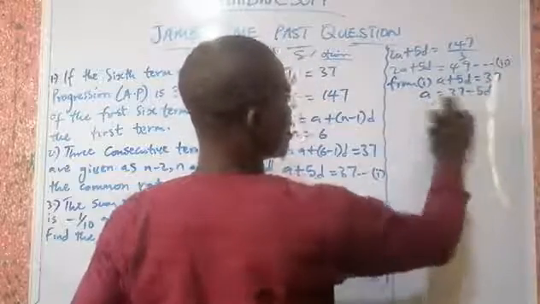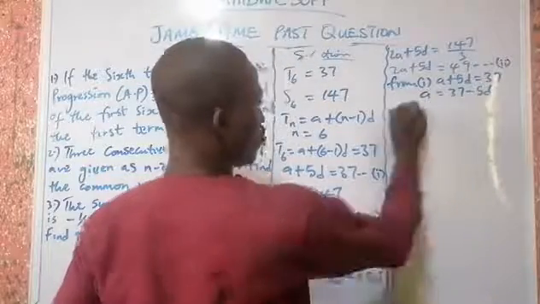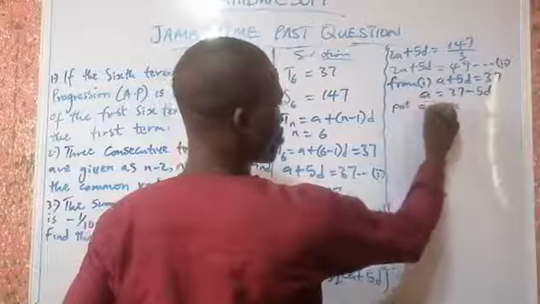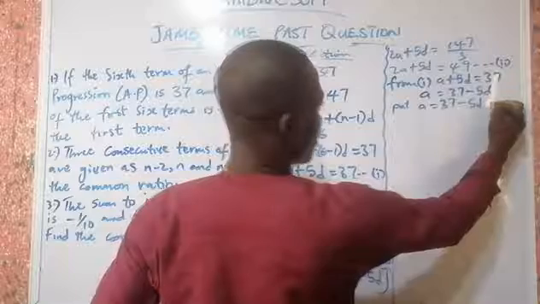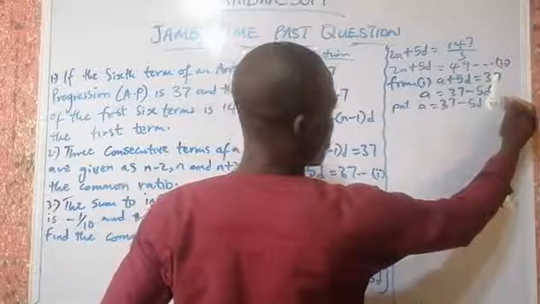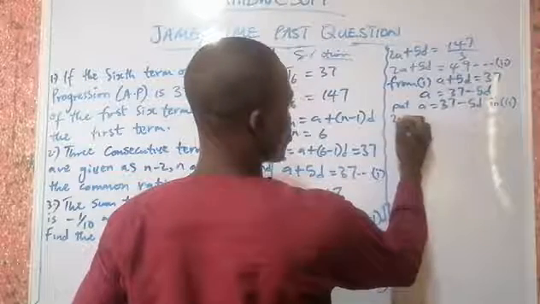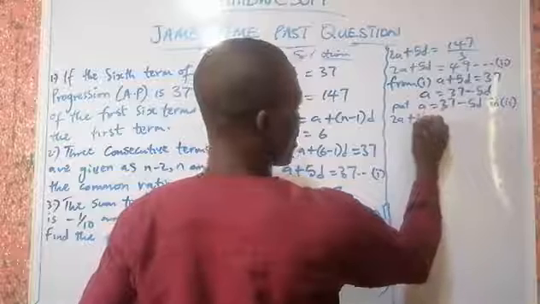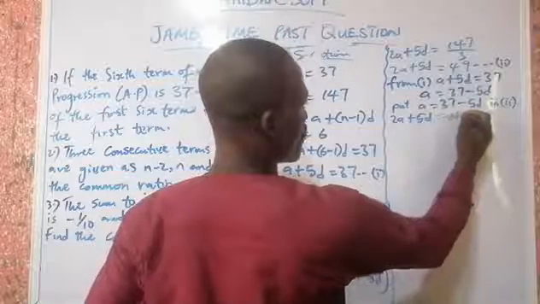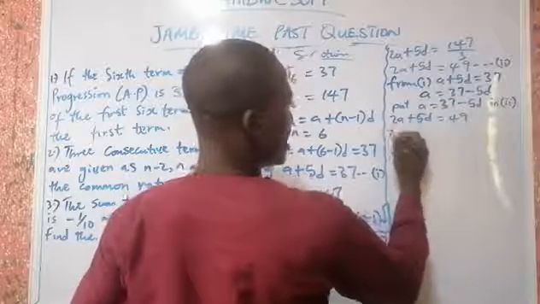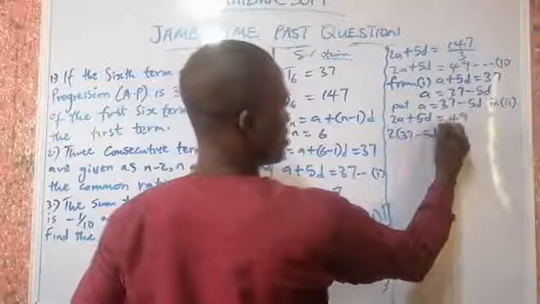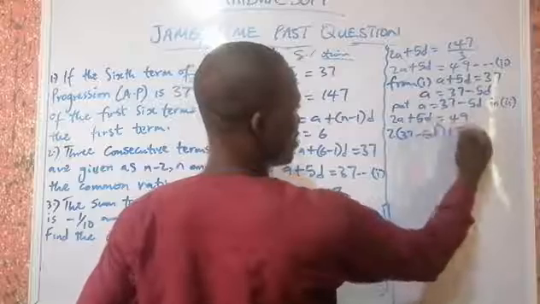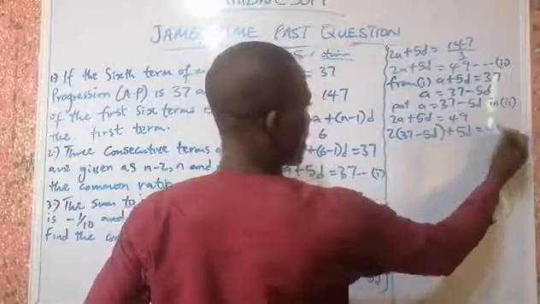Substitute a equals 37 minus 5d in equation 2, which is 2a plus 5d equals 49. So 2 times 37 minus 5d, plus 5d, equals 49.